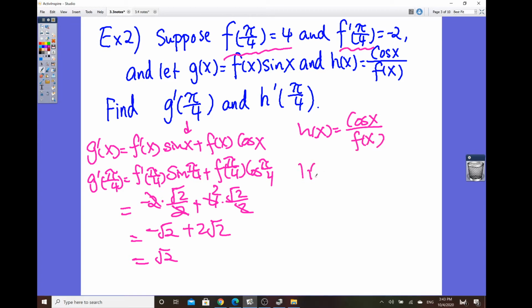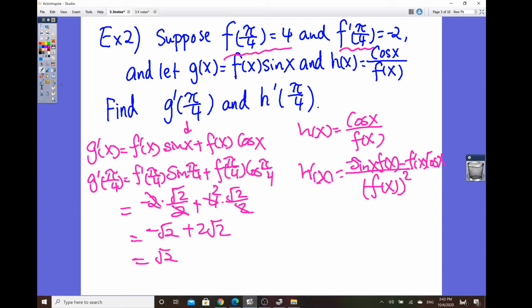So this one uses the quotient rule, which is what? f of x, quantity squared, and then the derivative of cosine of x, which is negative sine x times f of x, minus f prime of x times cosine of x.